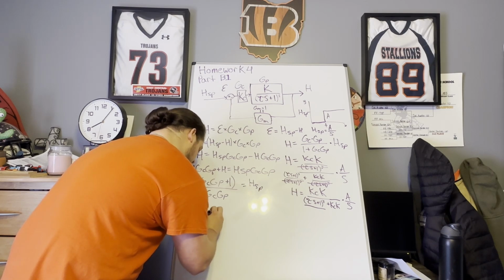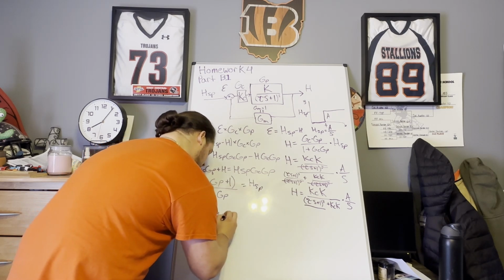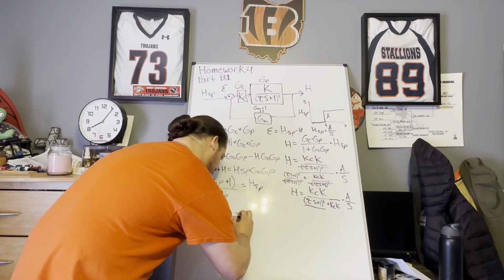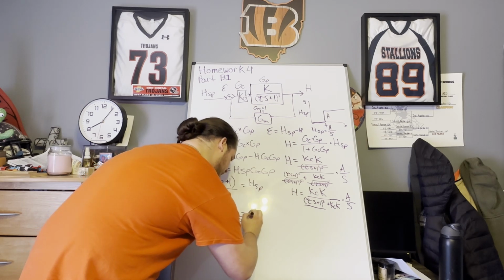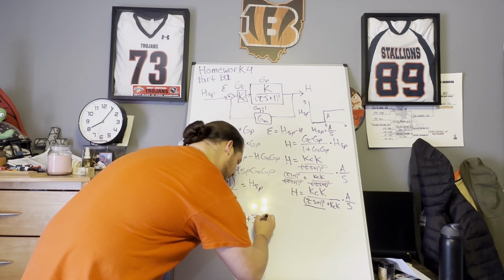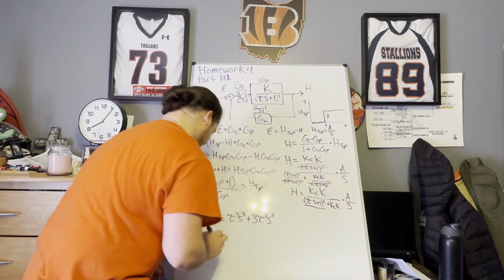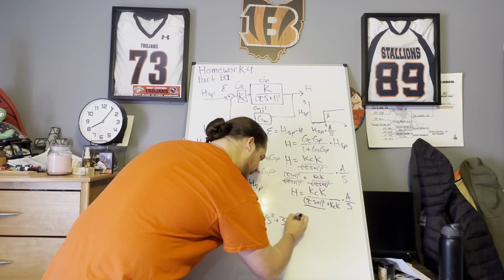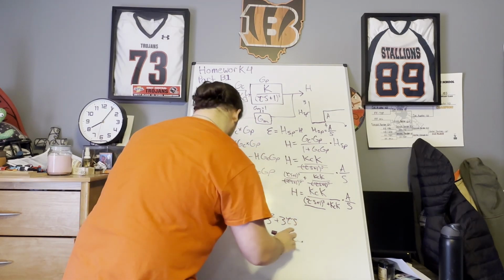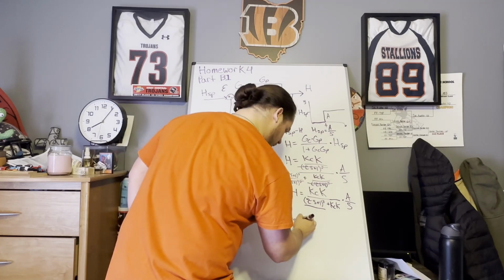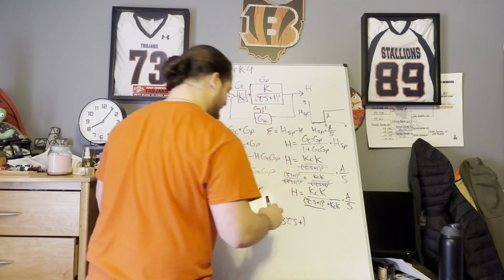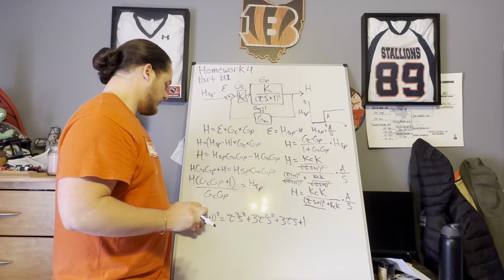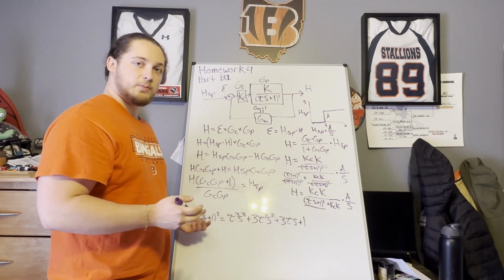Tau S plus 1 cubed is going to be equal to tau cubed times S cubed, plus 3 tau squared S squared, and then we will be adding 3 tau S, and then lastly 1 cubed is going to be equal to 1. So this is the expanded cubic of our tau S plus 1 cubed.